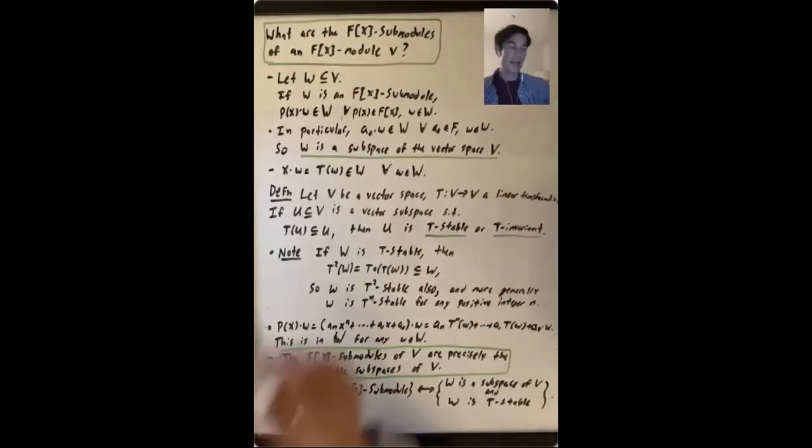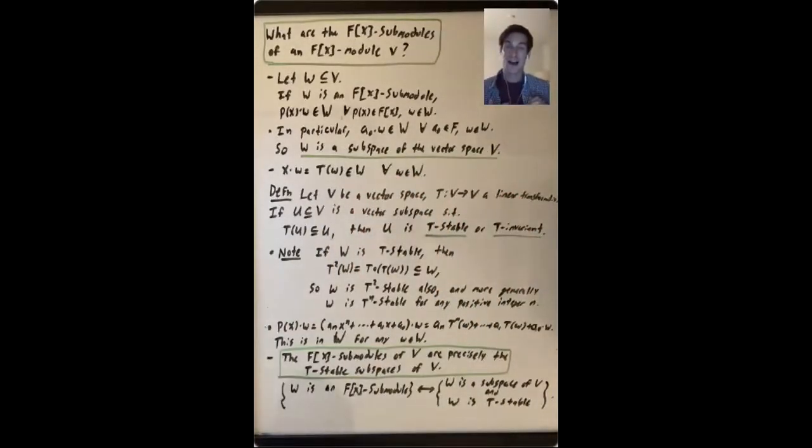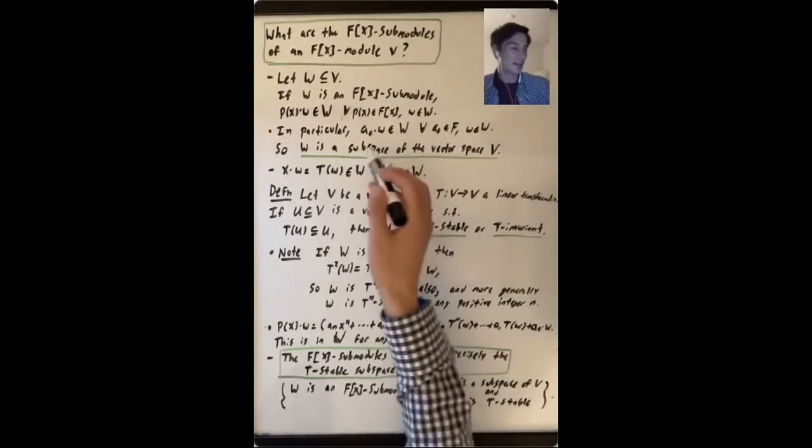So why is that? Because what is a vector subspace? It's a subset of your vector space that is closed under the scalar multiplication of F and is also itself an additive subgroup. So it satisfies all of the vector space axioms.